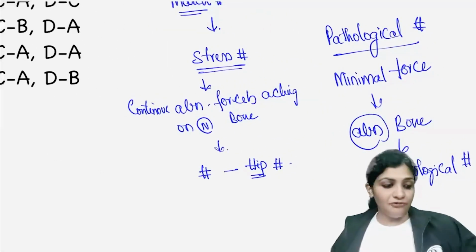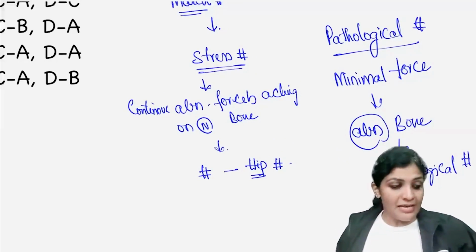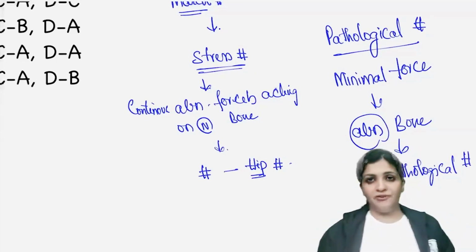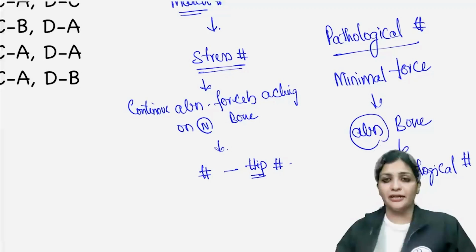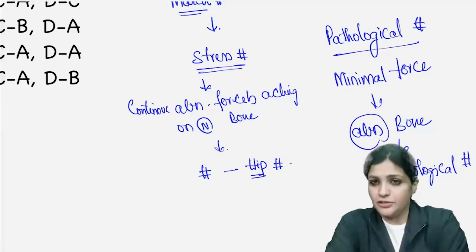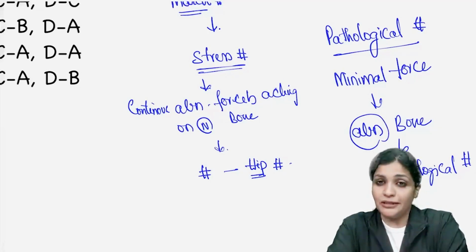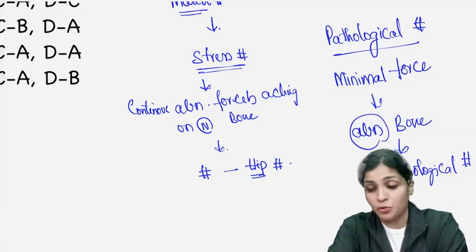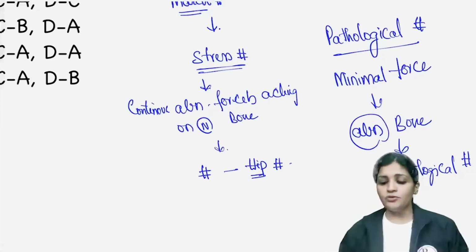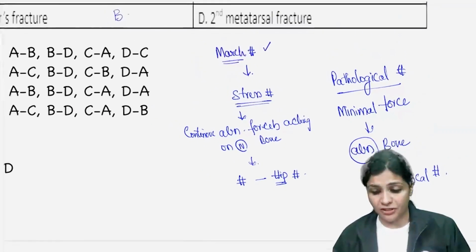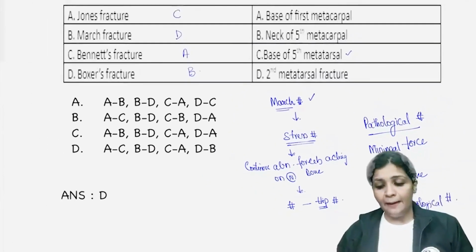Right? So you have to remember there are two important things, the stress fracture and the pathological fracture. Examples of pathological fracture are the various fractures which you see in tumors, in the Looser zone, the pseudo fractures. So two things, stress fracture and pathological fracture.